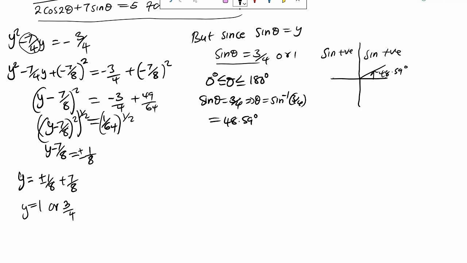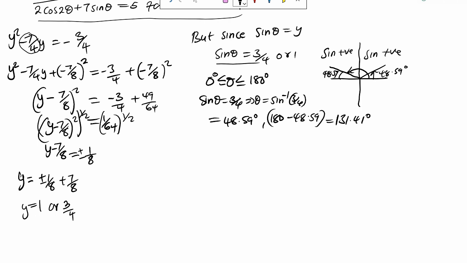Now also, since sine is positive in the second quadrant, the other value is this one here, which is the same as 180 minus 48.59. You take 180 minus 48.59, you shall get a value of 131.41 degrees.